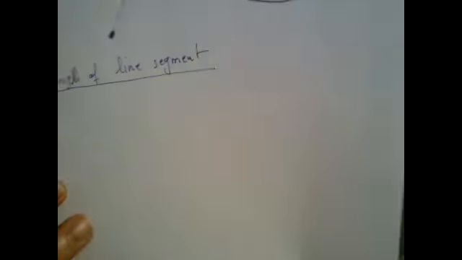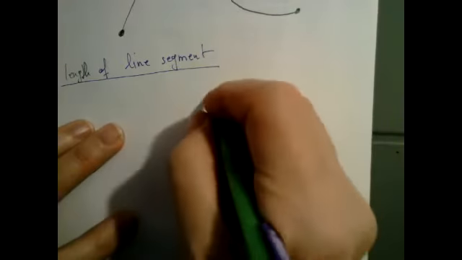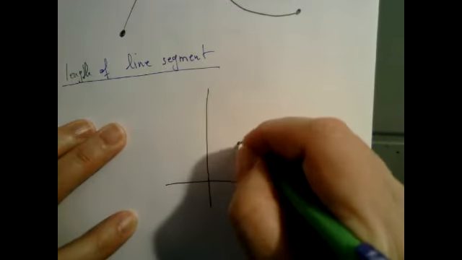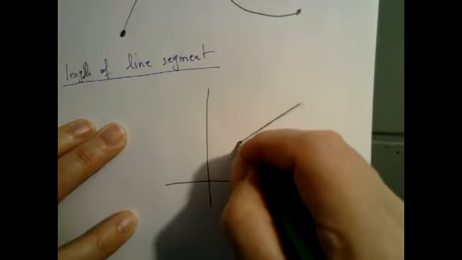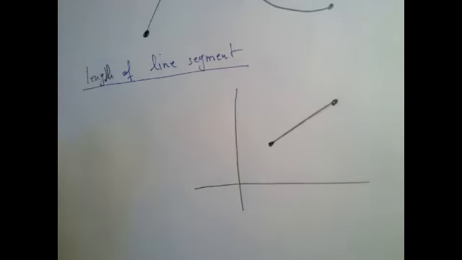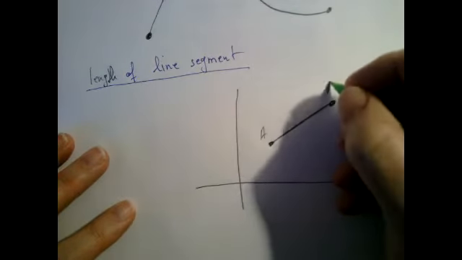What do I mean by that? Suppose you have a line segment, something like that. Something that connects 2 points. Okay. And let us say this is a point A and this is a point B.